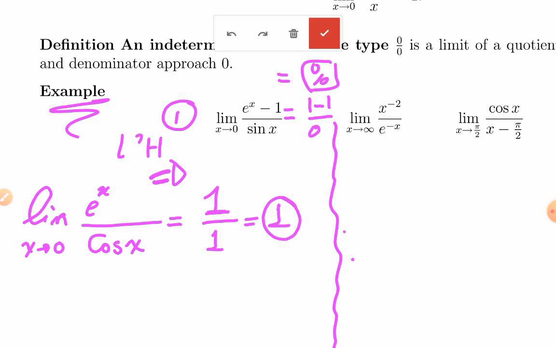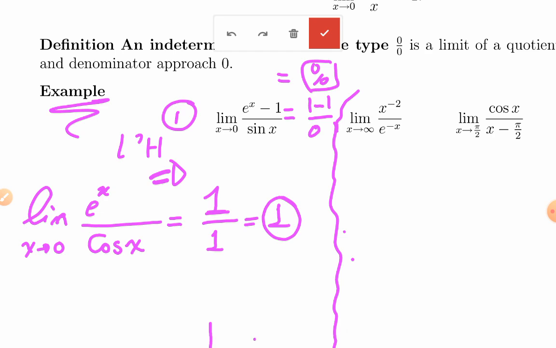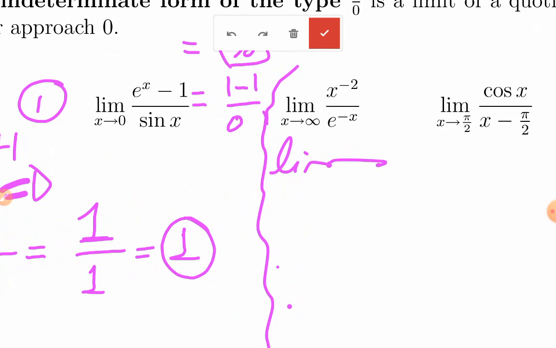Next example. Find the limit as x approaches infinity of x to the power of negative 1 over e to the power of x. Can we rewrite this expression as the limit as x approaches positive infinity of e to the power of x over x squared? Yes, we can.